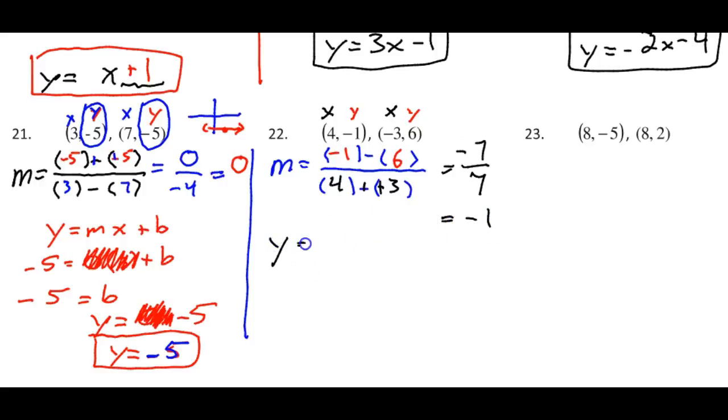And then we can finish it up. So no shortcut here. So -1 for the slope. And let's use this x and y. So I'm going to do -1 for the y, and x is going to be 4.